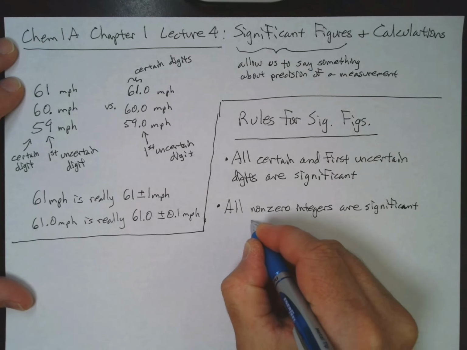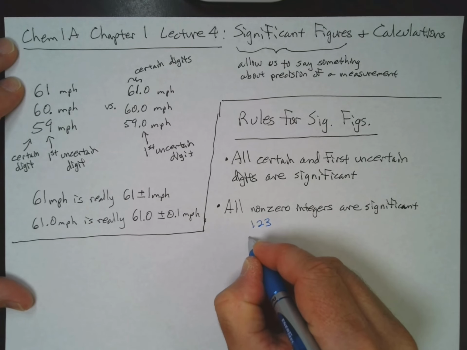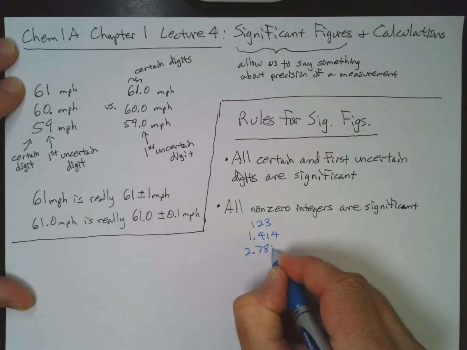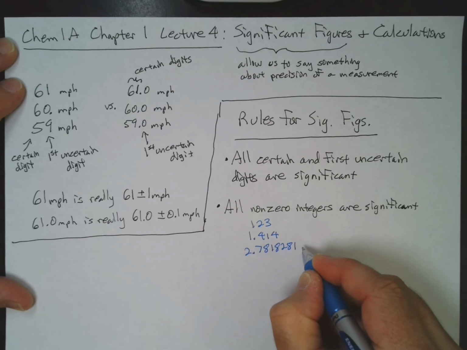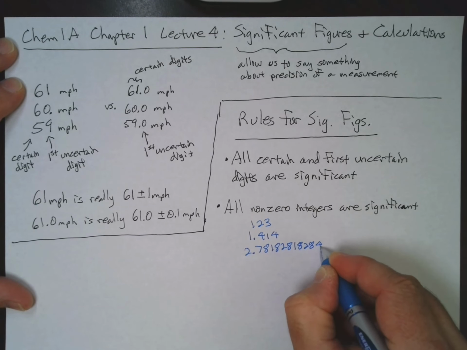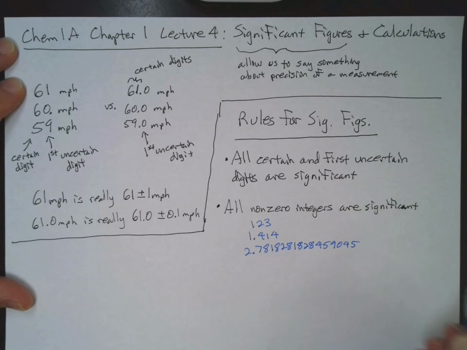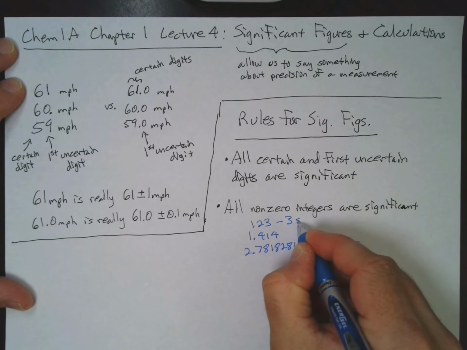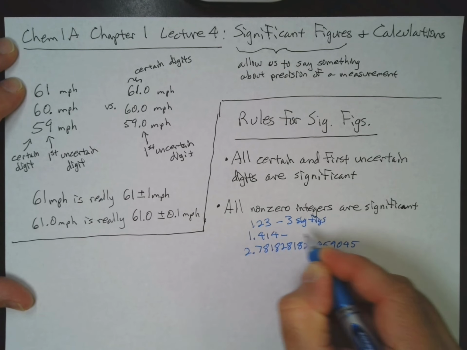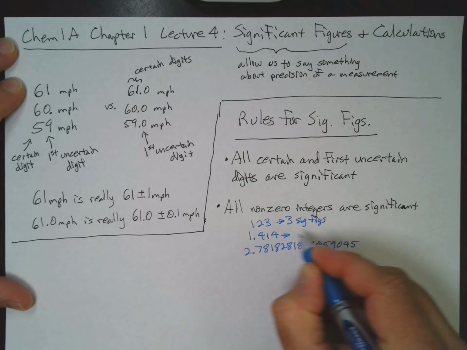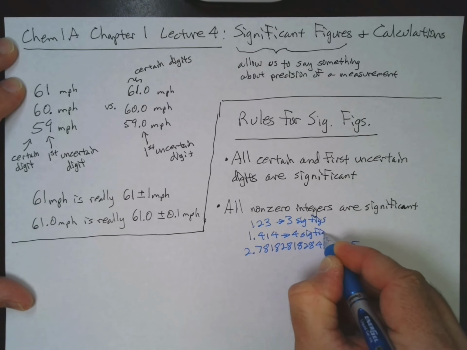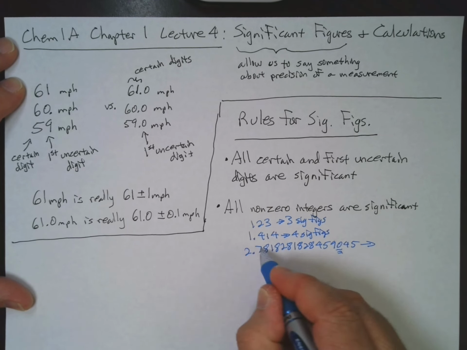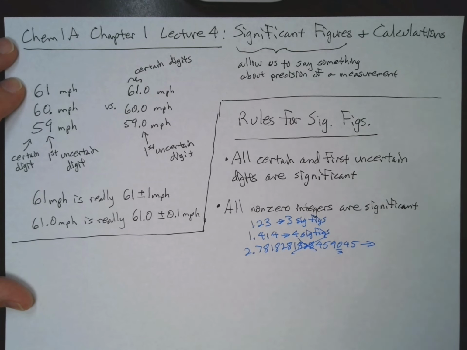For example, 1, 2, 3, 1.414, 2.78, 1828, 459045. This guy has 3 sig figs. This guy has 1, 2, 3, 4 sig figs. And this guy has lots, and actually there's a 0 in there, so this is a bad example. So I'm going to cross that guy out for just a sec here. We'll come back to it.